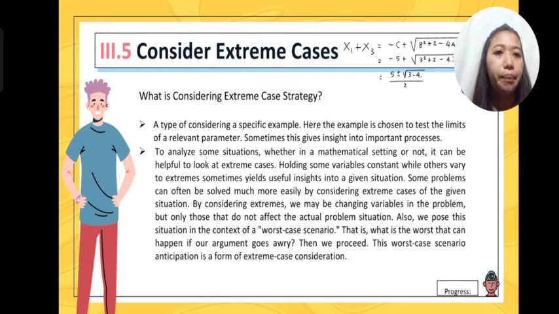So, whether it is in a mathematical setting or in reality, there are questions or problems that may look too difficult to solve. But kung titingin tayo sa mga extreme cases ng isang problem, it will be very helpful to solve such problem.